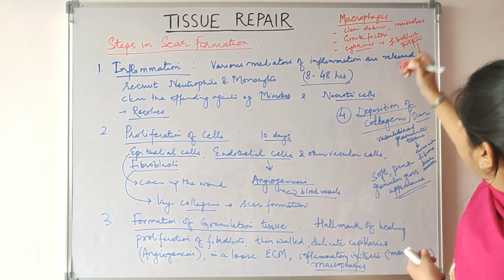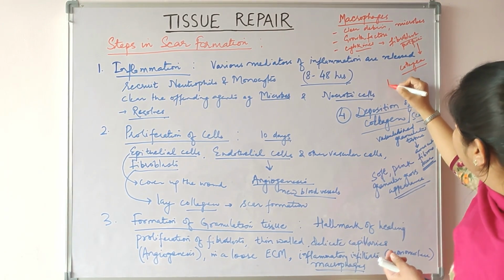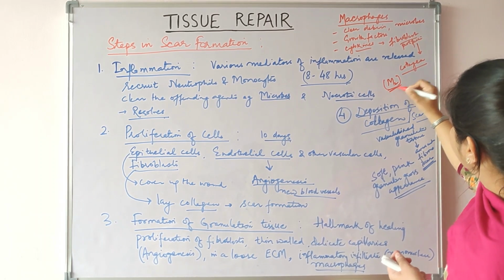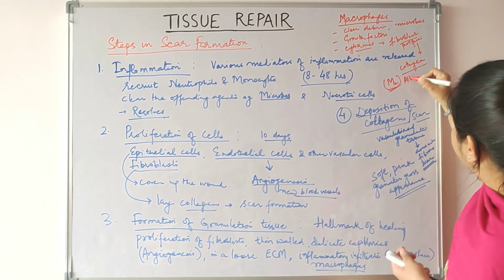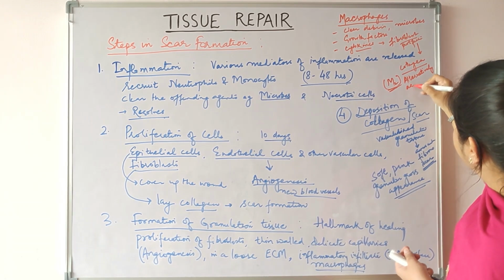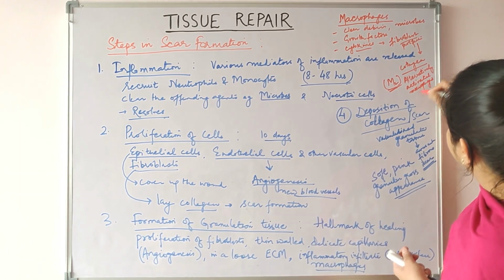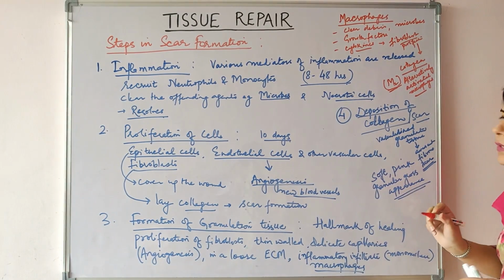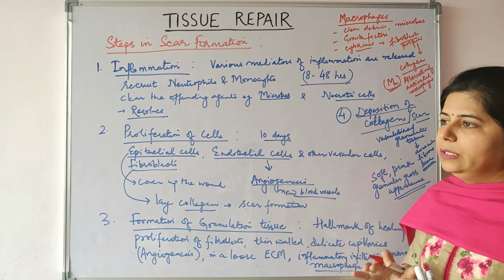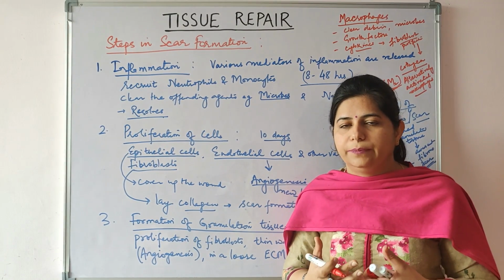And these macrophages which play an important role in healing are M2 type, or alternatively activated macrophages. These alternatively activated macrophages terminate the process of inflammation and induce healing.